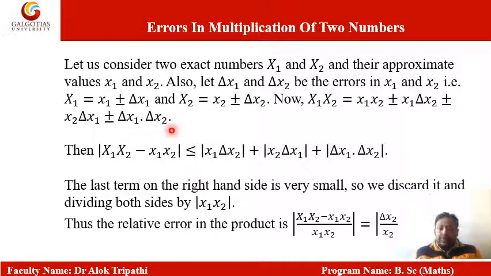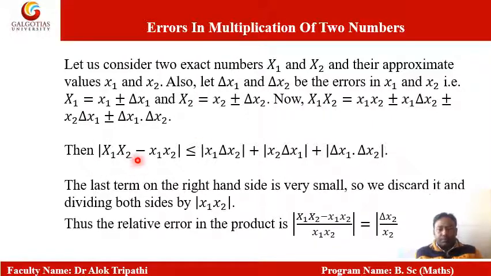Okay, now we shall calculate the absolute error when we multiply two numbers. So how can we calculate this? We can calculate the absolute error by subtracting the approximate value from the exact value, and after that we will take the mod.